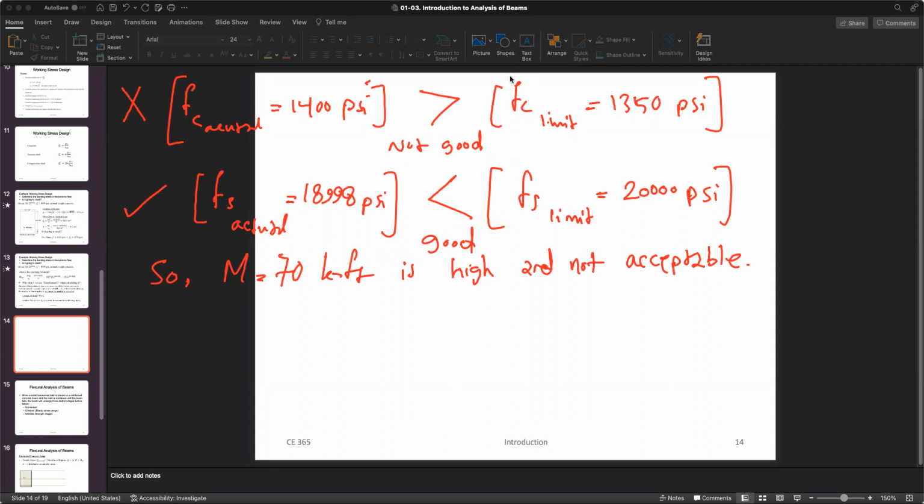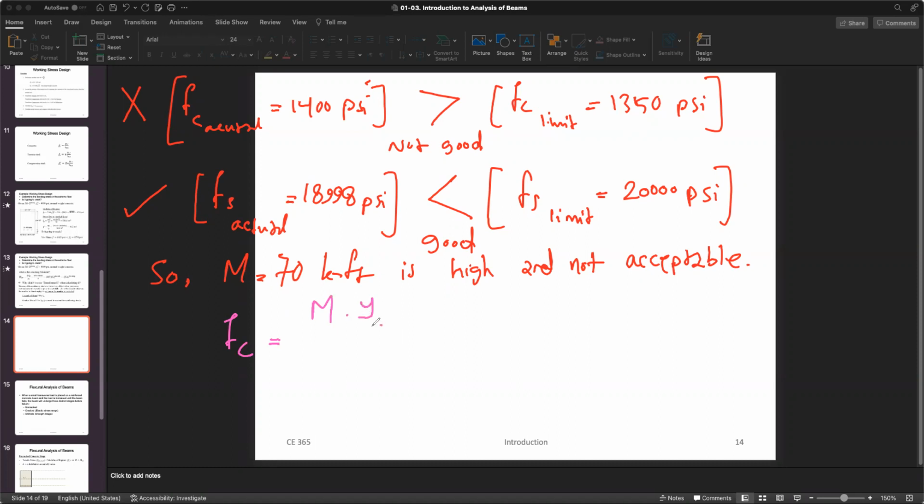Well, the way I can fix the concrete, I can say the moment on concrete that is allowed. Let me put it this way, I don't want to skip any steps. So fc is equal to what?